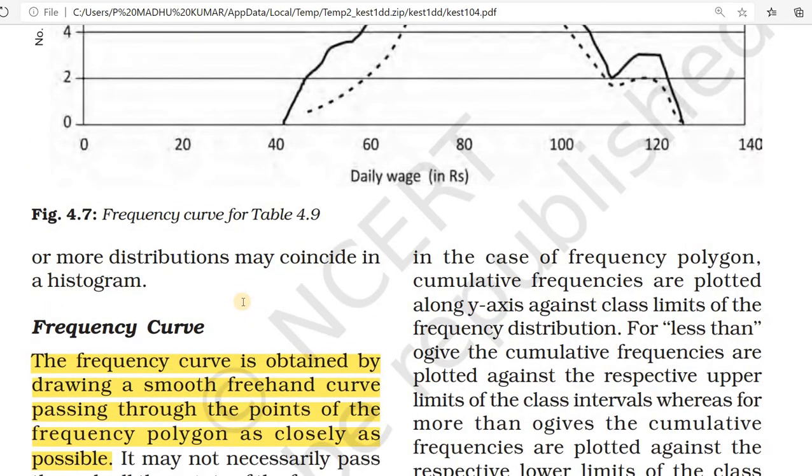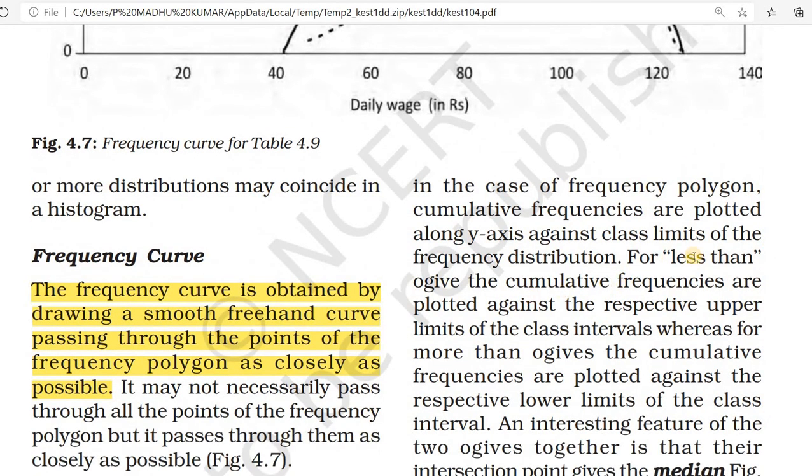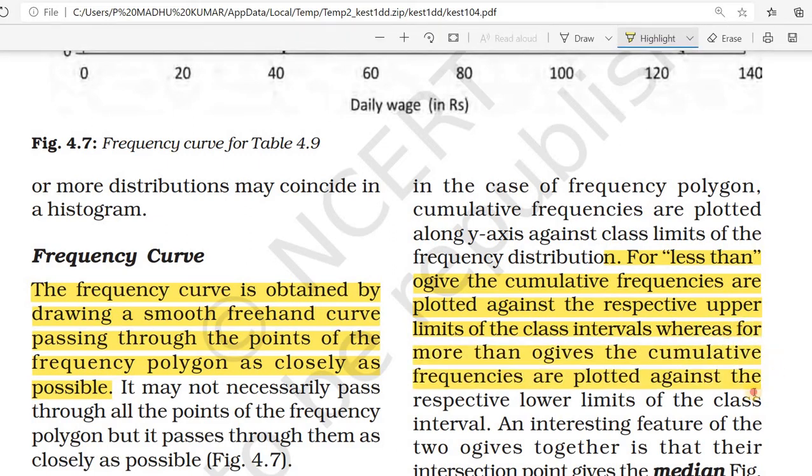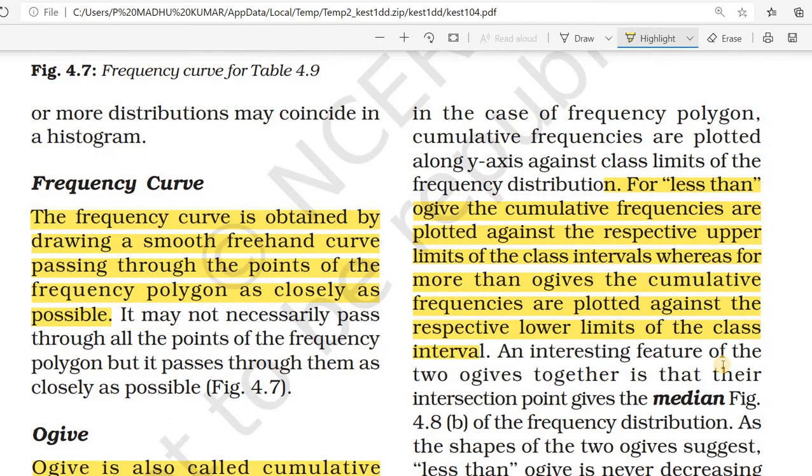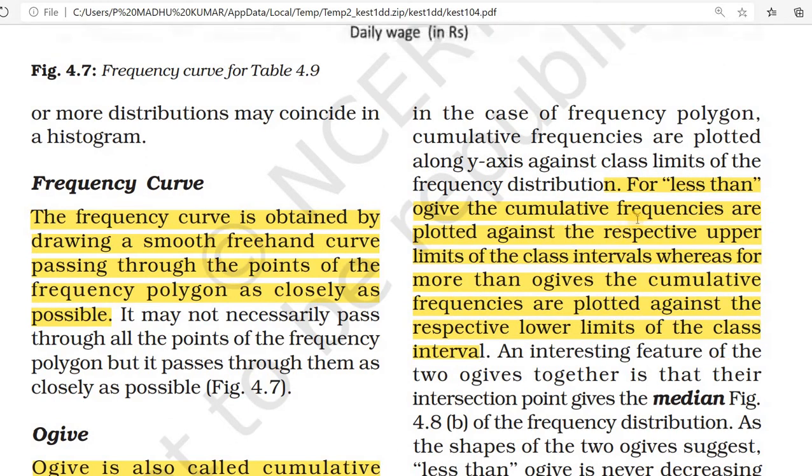Cumulative frequencies are plotted on the y-axis against class limits. For the less than ogive, cumulative frequencies are plotted against the respective upper limits of the class intervals, whereas for the more than ogive, cumulative frequencies are plotted against the lower limits of the class intervals. So for less than, we use upper limits; for more than, we use lower limits of the class.